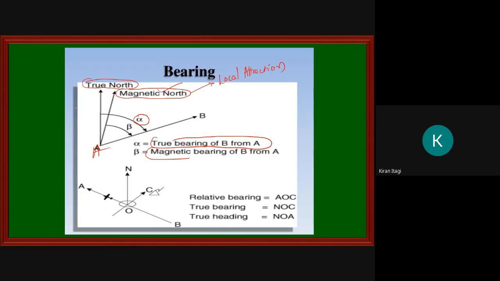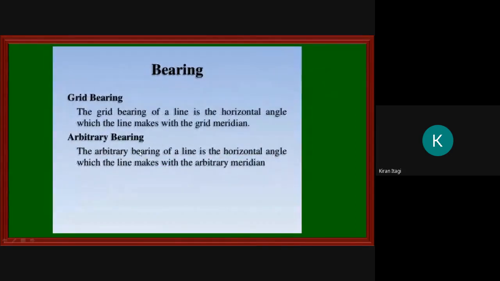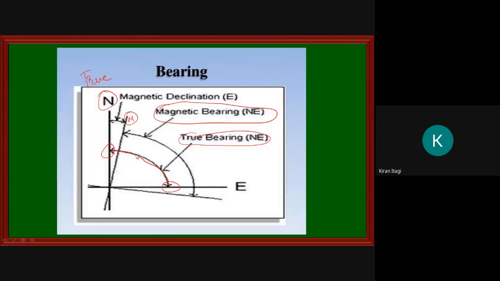So just remember true north and magnetic north, true bearing and magnetic bearing. Arbitrary bearing is not so important.